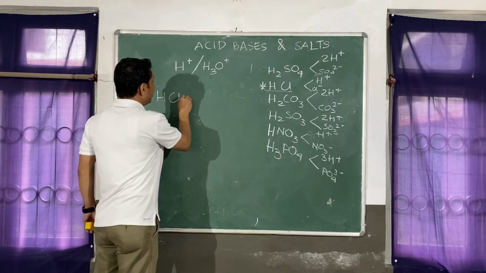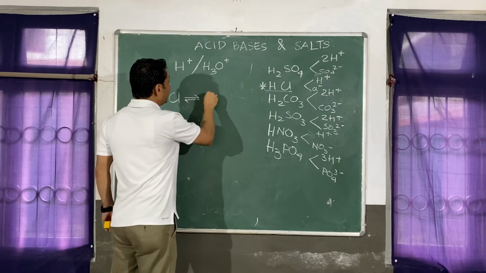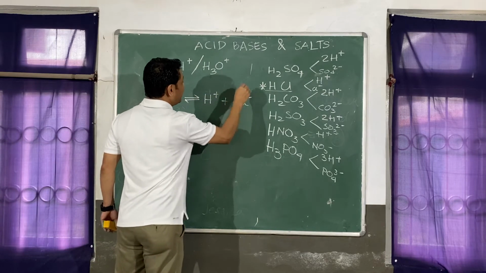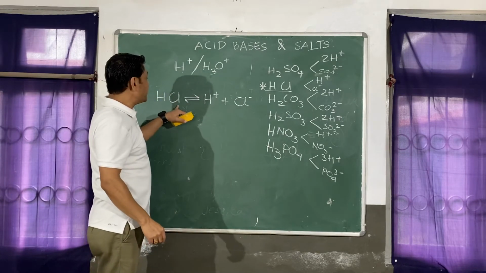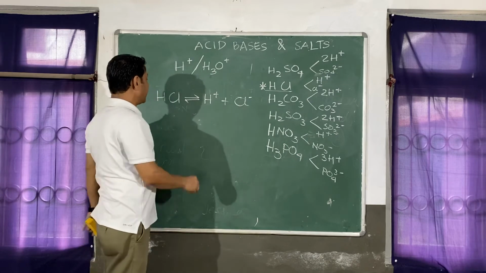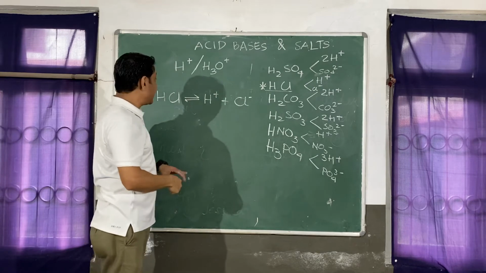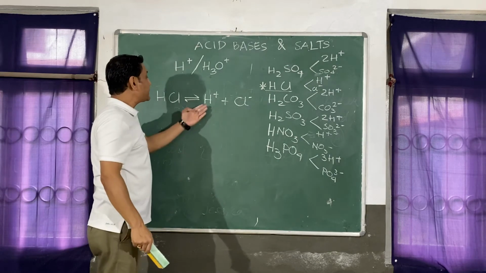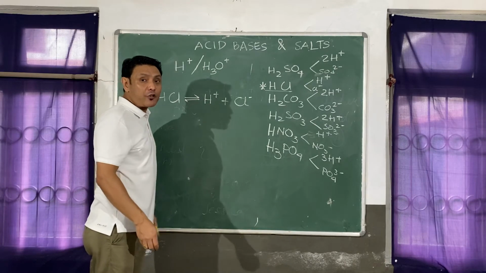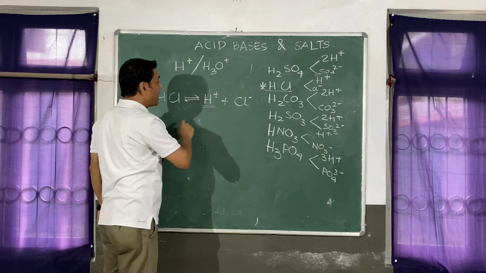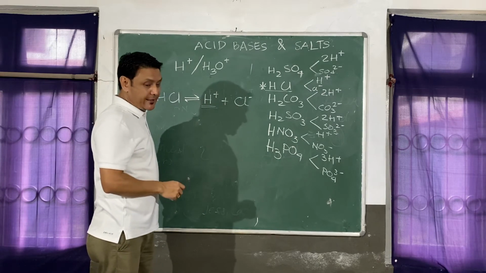HCl dissociates into H plus and Cl minus ions. Hydrochloric acid dissociates into hydrogen ions and chloride ions. Since in hydrochloric acid, it dissociates completely to produce a very high concentration of hydrogen ions, therefore it is called a strong acid.